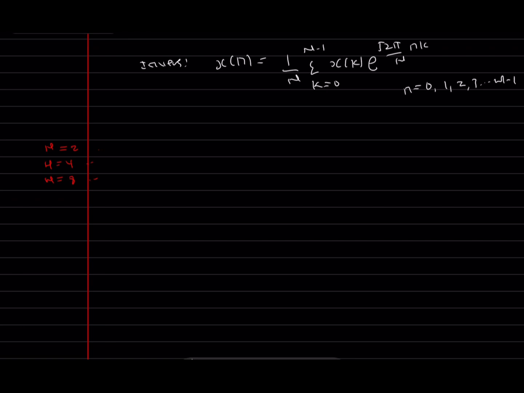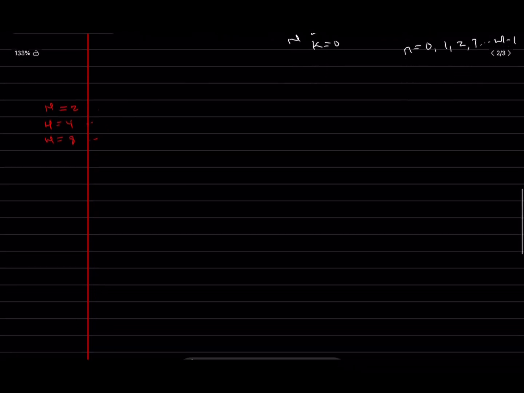Right. So now let's look at the second example. Example 2: find the DFT for the sequence x of n equal to 5, 8 using direct computation.